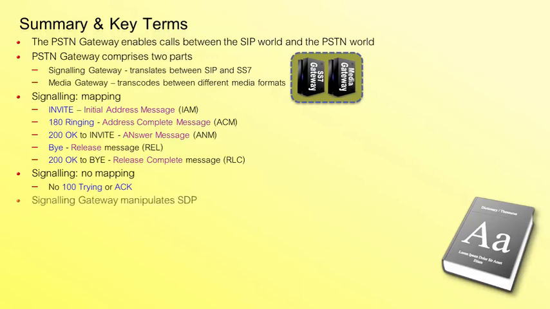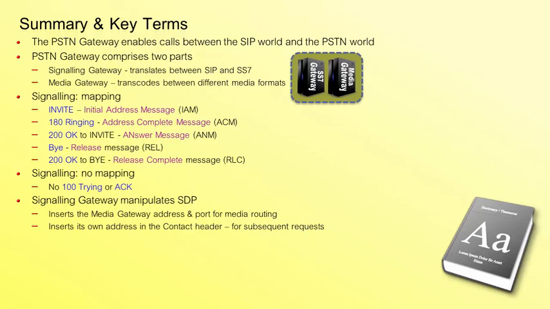Remember, the signaling gateway manipulates the SDP to make sure both SIP party and PSTN party send their media not to the signaling gateway, but to the media gateway, by inserting the media gateway's address and port in the connection SDP header and in the IAM equivalent. It also inserts its own address in the Contact header, so the SIP client will route subsequent requests back to the signaling gateway.